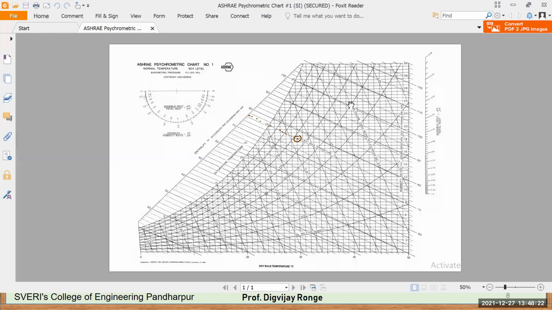So these are the constant volume lines. This is 0.9, this is 0.88, right? This is 0.86, 0.90, right? So this is between 0.88 and 0.89. So I will take it as 0.885 specific volume.